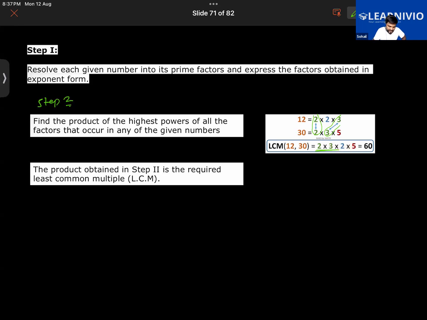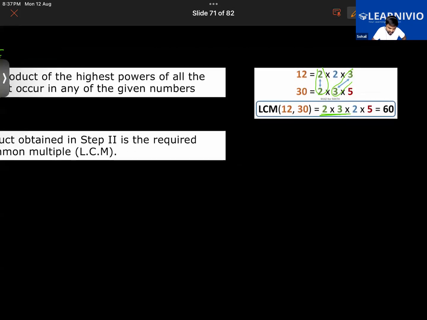I'm giving a very small question to both of you. Find the LCM of 14 and 35, both of you. Using the same method, find the LCM.